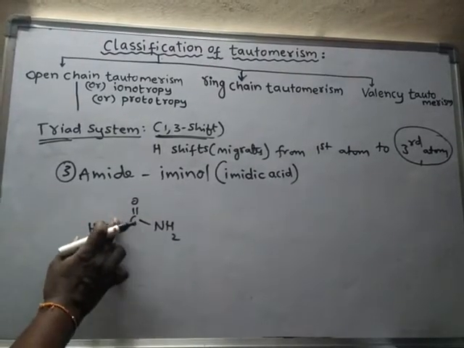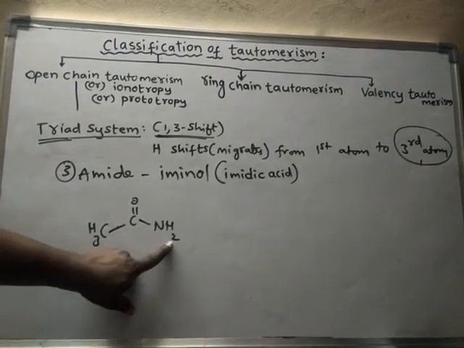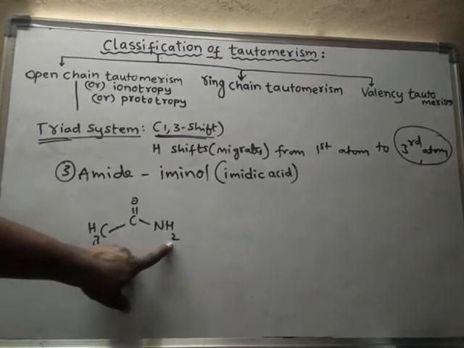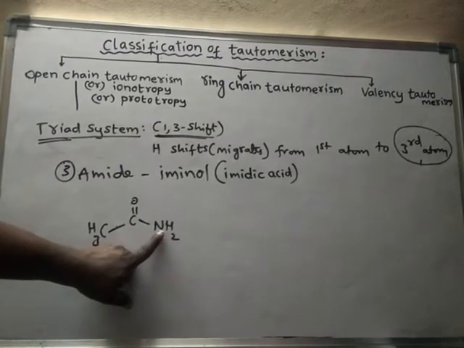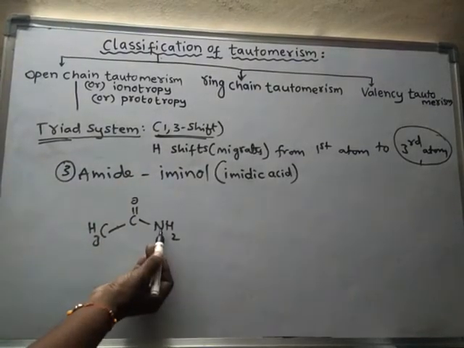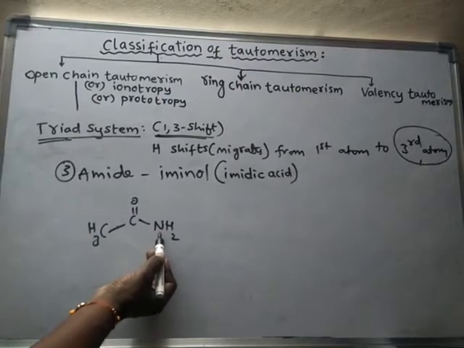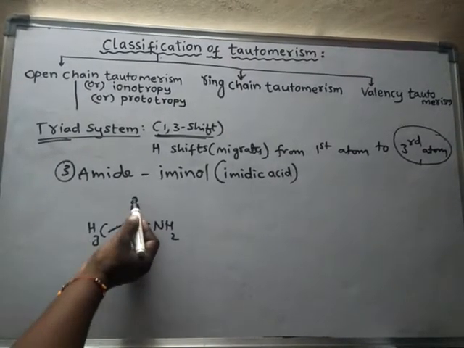So what happens? Here remember that the hydrogen which is attached to the nitrogen will shift towards oxygen. For this hydrogen, this is the first atom, this is the second atom, this is the third atom.